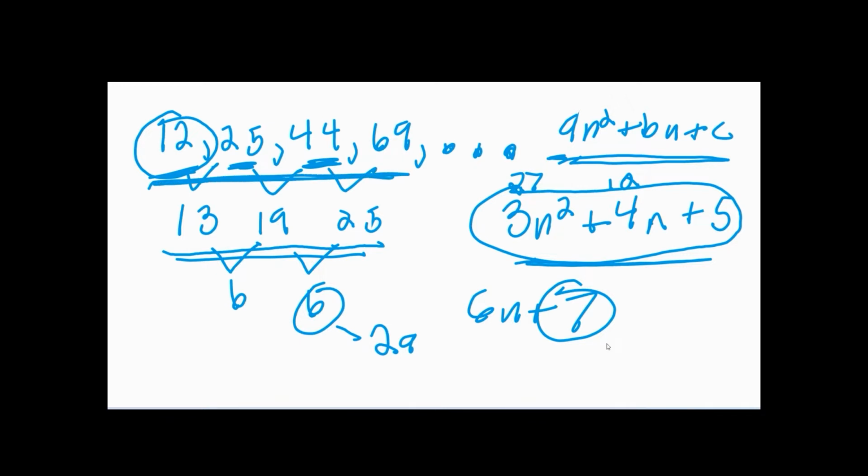So just to review what we did to get the values for A, B, and C, we first found the second level difference, or the difference of the differences, which in this case was 6. And that value represents 2A, so we divided by 2 to get our A. And then we found the actual formula for the differences, which is an arithmetic sequence.